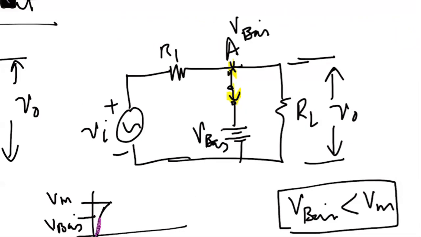And once it is equal to V bias, this means now V bias is in the circuit. Are you with me?